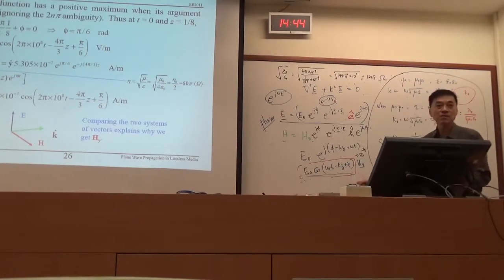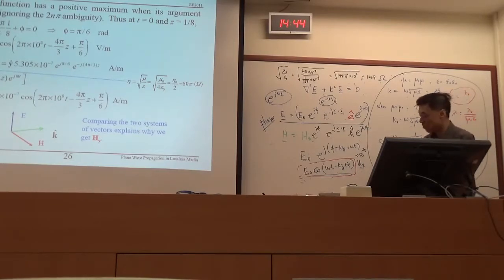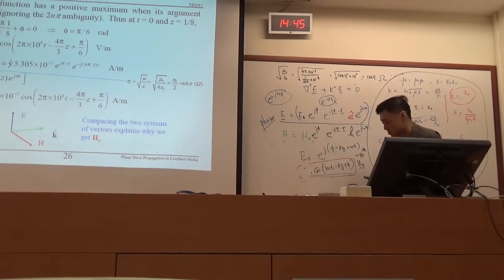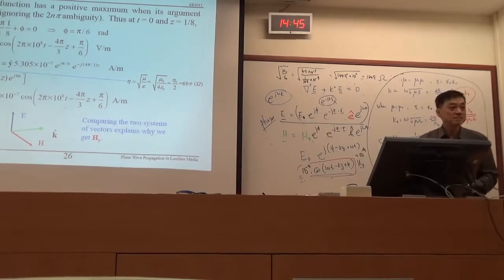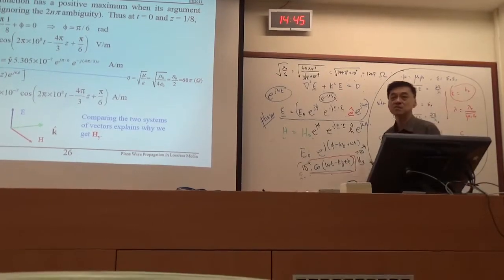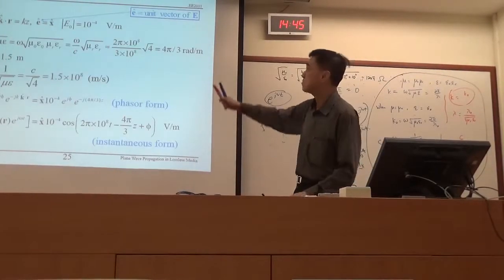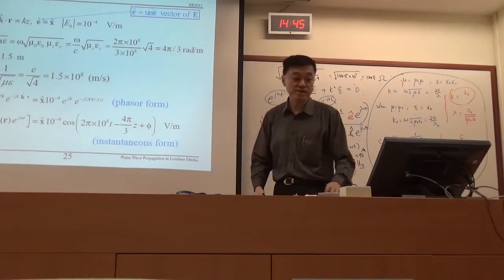The maximum value of cosine is 1. Therefore, E naught must equal 10 to the power minus 4. So the reasoning should be like this, and not just putting E naught equal to 10 to the power minus 4 right in front.